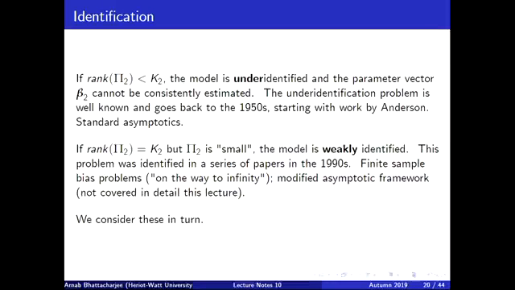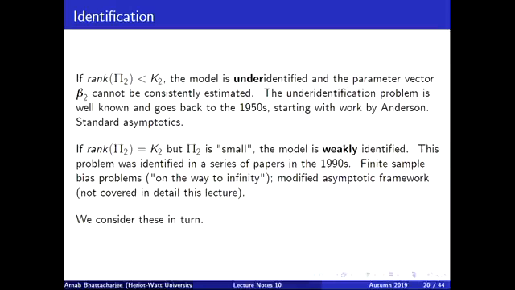This notion of uncertainty is actually very important here, because even if the rank of pi2 was K2, but pi2 was very small, we are never quite sure how much identification we are getting. That is the problem of weak instruments.